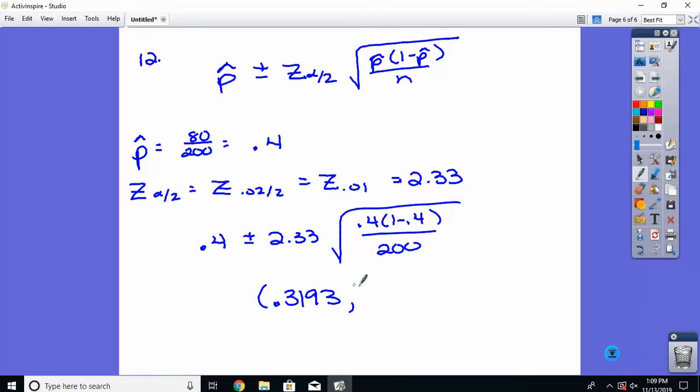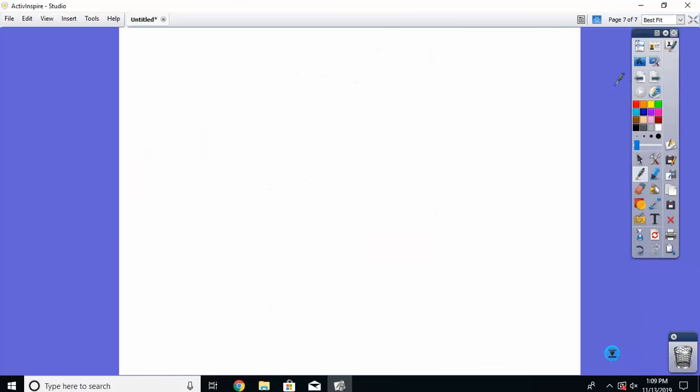And then if you just hit second enter, you can change your minus to a plus, and you get 0.4807. So the interpretation, if I ask for it: we are 98% confident that the sample proportion is between those two numbers. Let's talk about 14.